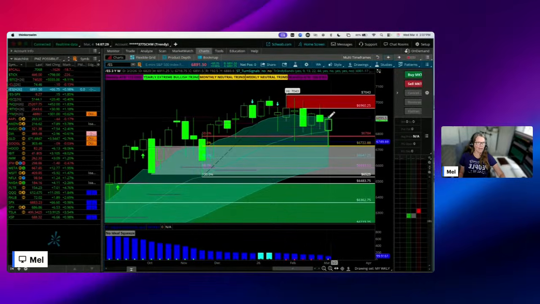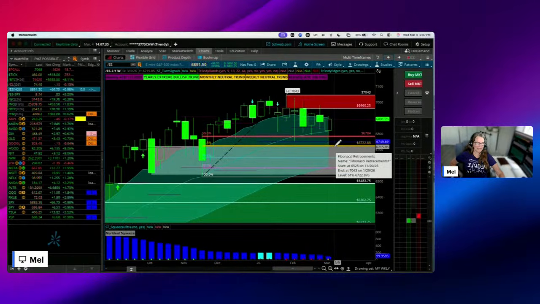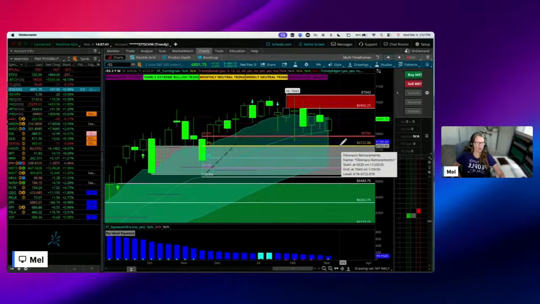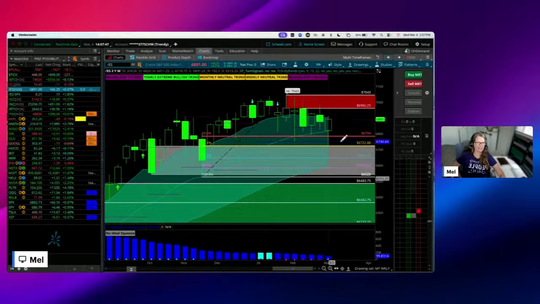So for now, I need to be cautious, but ready to buy a dip back in this demand zone here on the weekly chart. So that main level for ES futures is going to be 6722-6625. That's where I am looking to buy a dip.